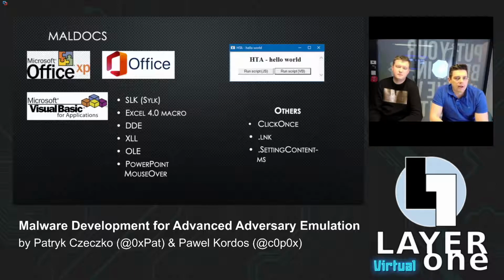Another typical malicious document is the HTML application, called HTA in short, and this can be used to run either Visual Basic script or JScript. JScript is a language similar to JavaScript but used by Microsoft.